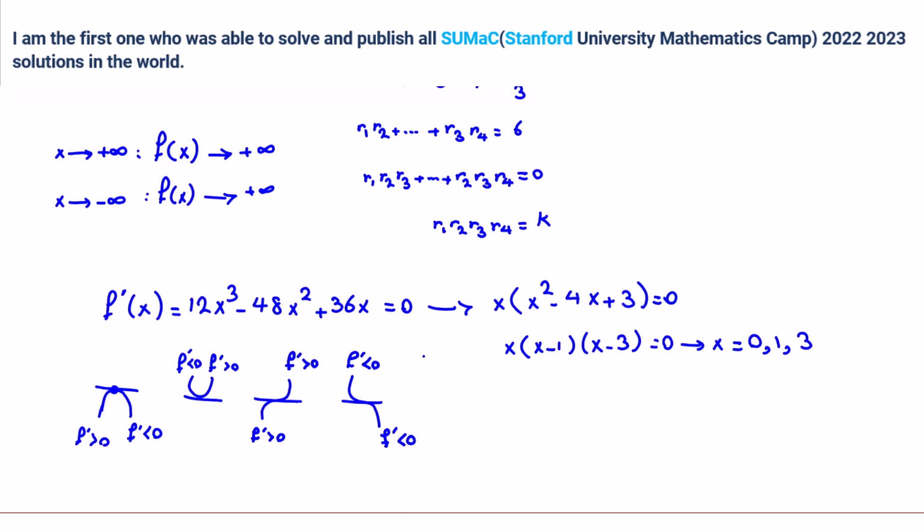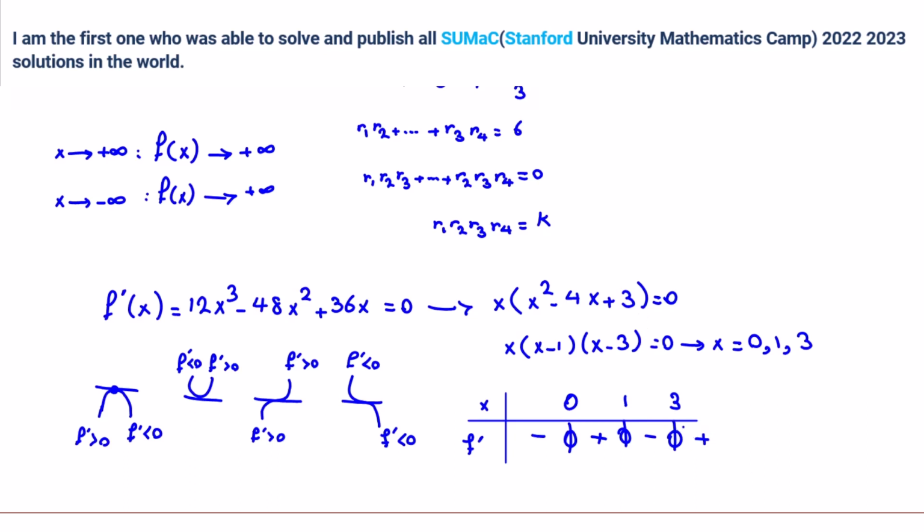As you can see, if you check these points, we don't have these 2 points. Let me write these things for you. The roots are 0, 1, 3. Is f prime positive or negative at the start? It's positive, because the degree of each factor is 1 and x minus 1 squared is positive.